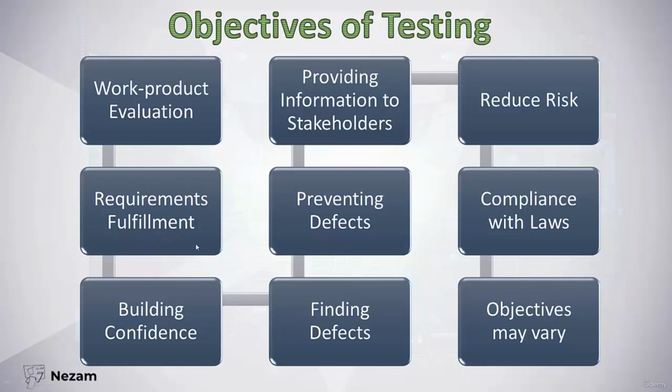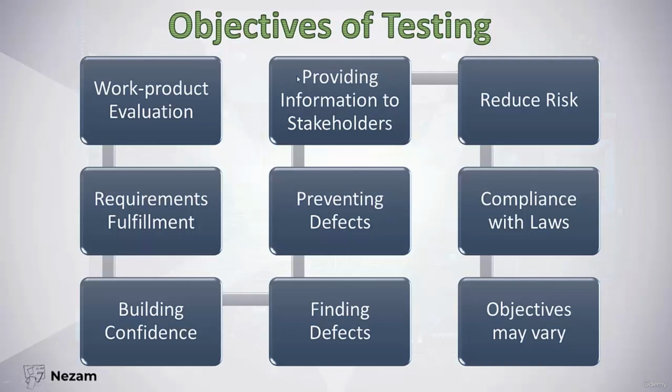We ensure that our software fulfills the requirements of the client. We build confidence inside our components. We need to make sure that our components and systems are good enough. Of course, we try to find defects and we try to prevent defects by early testing.